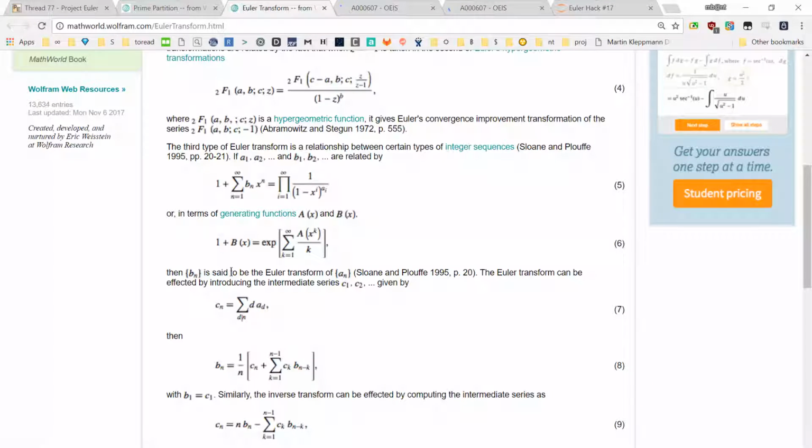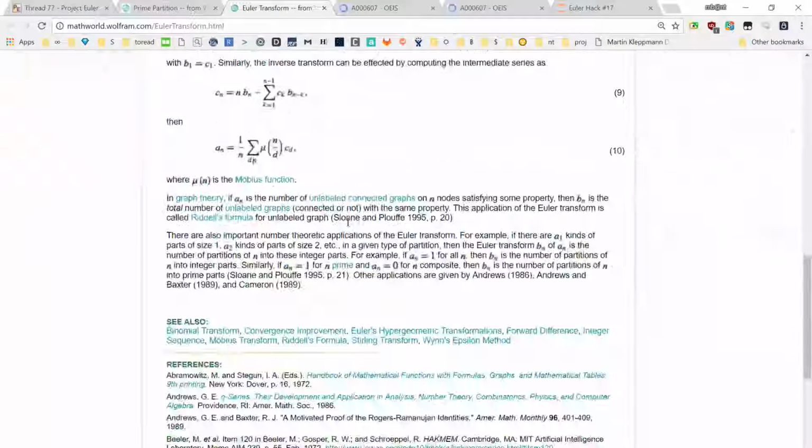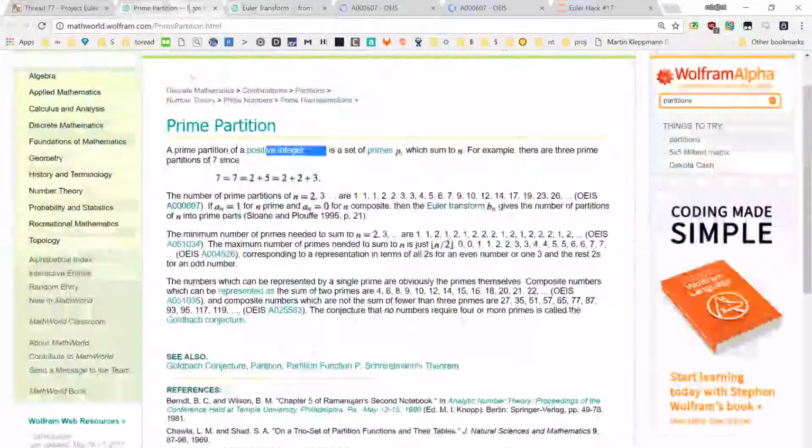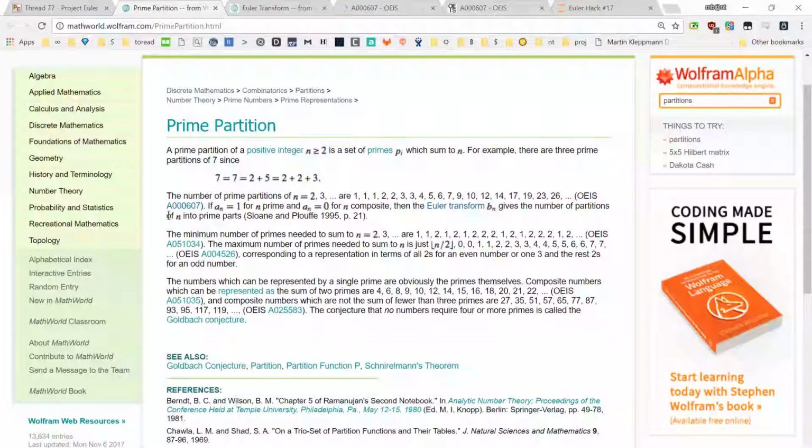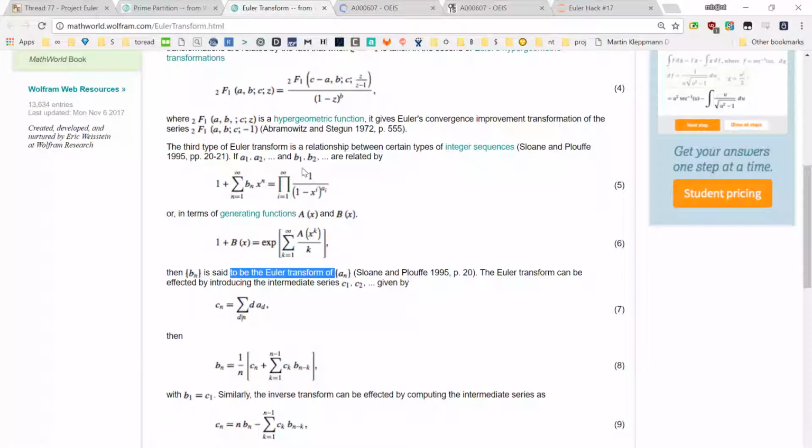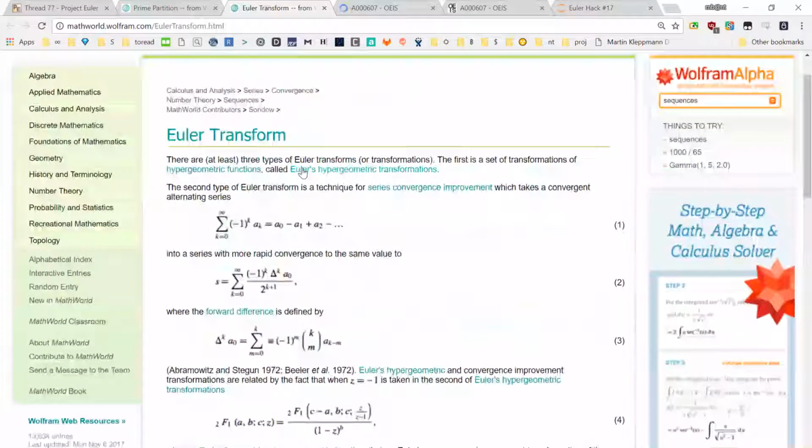Does that signify then Bn is said to be the Euler transform? Okay, well. Hypergeometric. New names.